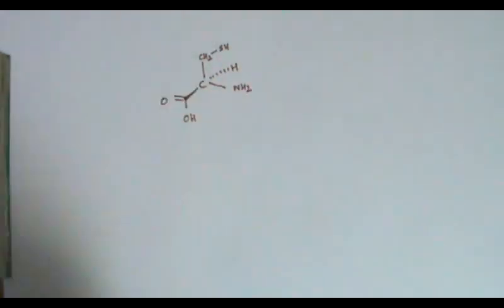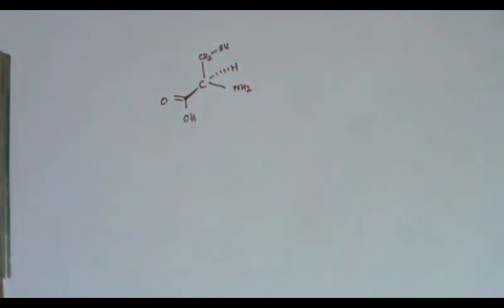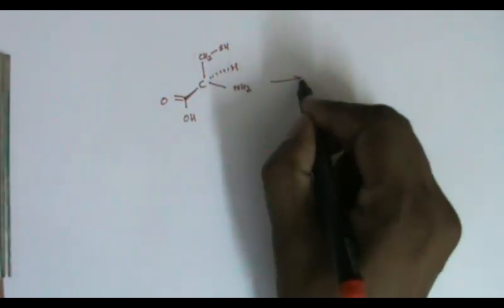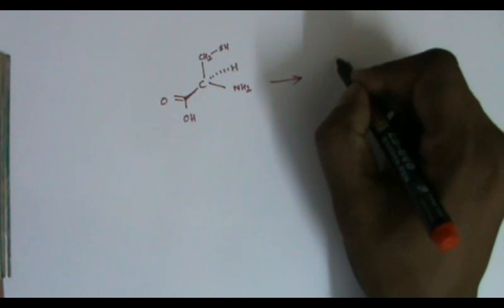This is nothing but cysteine. So basically it is an amino acid, you can find amine and acid. Now let us go for the priority of these groups. Which one will get higher priority? Here we have 4 groups.